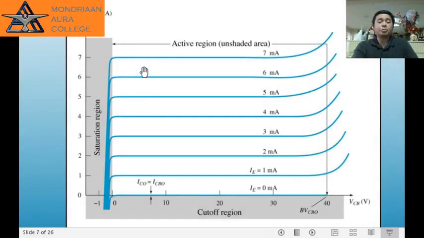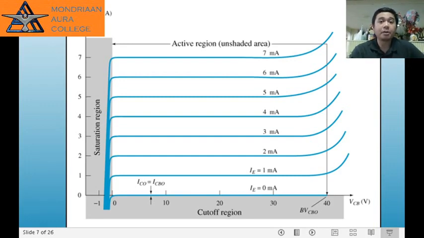Ang ating output characteristic ay merong tatlong regions of operation. Remember, sinabi ko sa inyo kanina na ang ating BJT ay pwedeng gamitin bilang isang amplifier or bilang isang electronic switch. Paano natin mai-ensure na magiging amplifier ito or paano natin ma-ensure na magiging electronic switch ito?